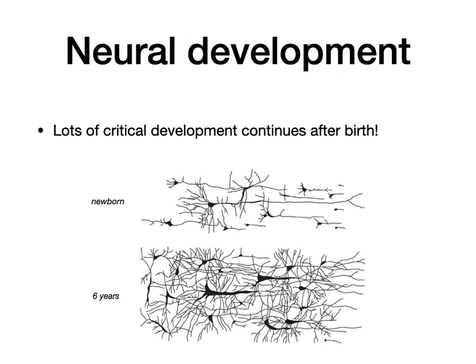Things are connected more. Things are stronger, larger cells. This is more brain. Remember, the connections between cells are the key currency of thought and information processing and being. So this kid has a lot more going on at 6 years than as a newborn, which is great.